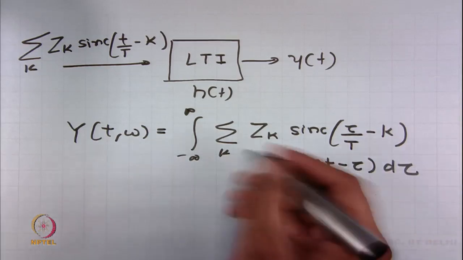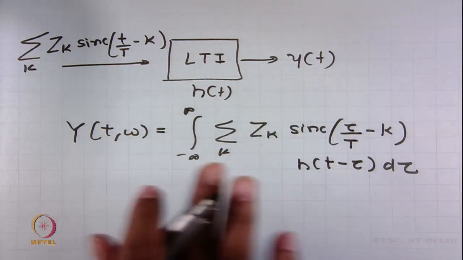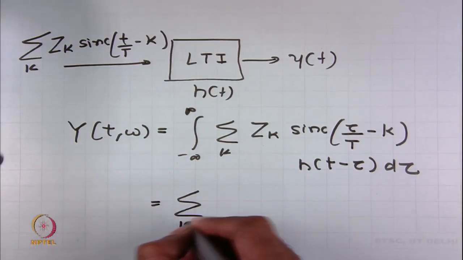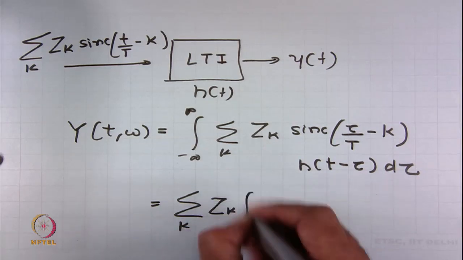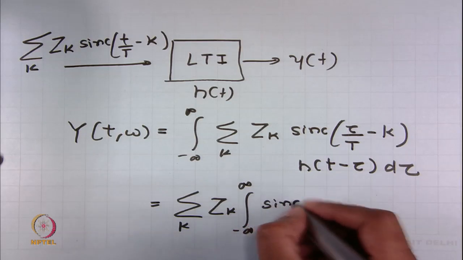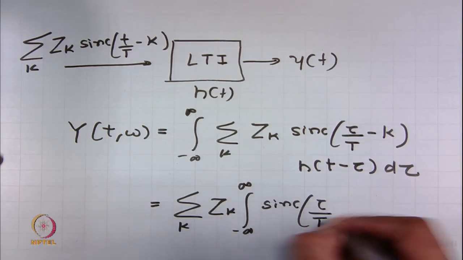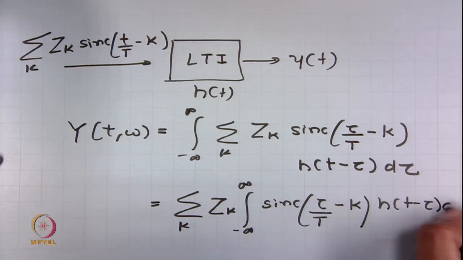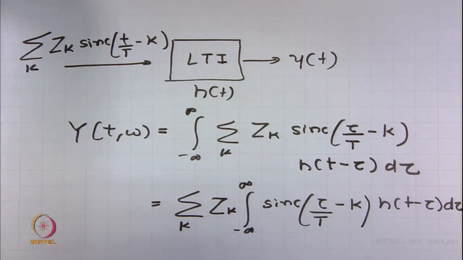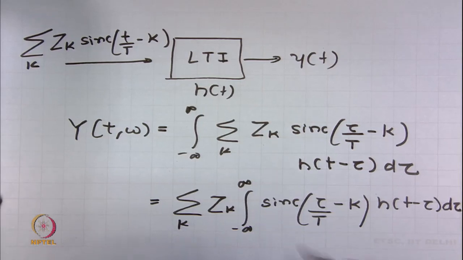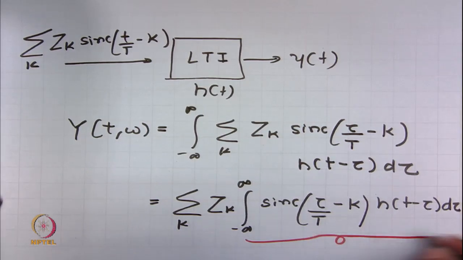Then pulling the summation out and putting the integration in, what we get is zk times an integral. Now, if you see this carefully, what is this?